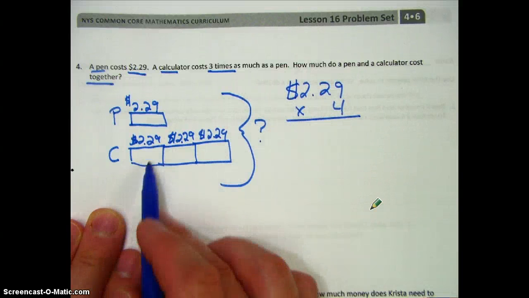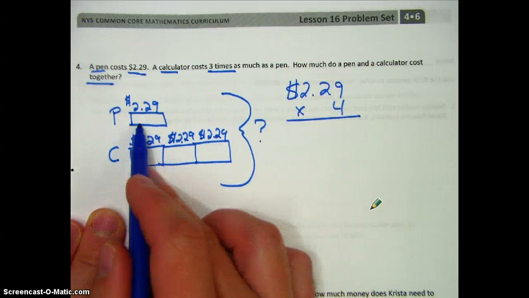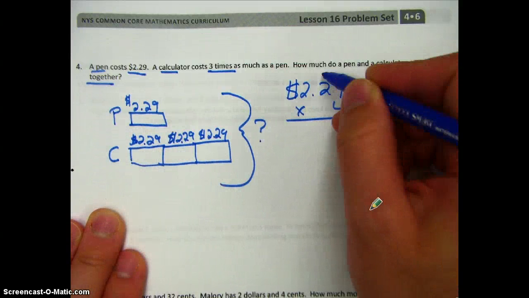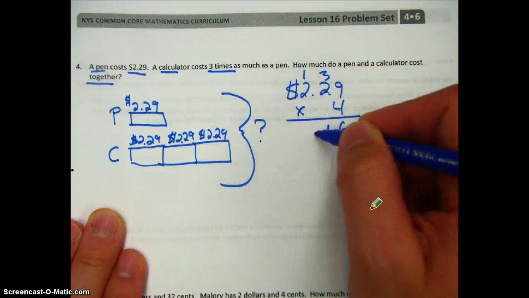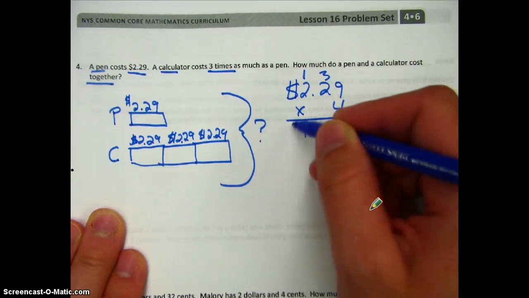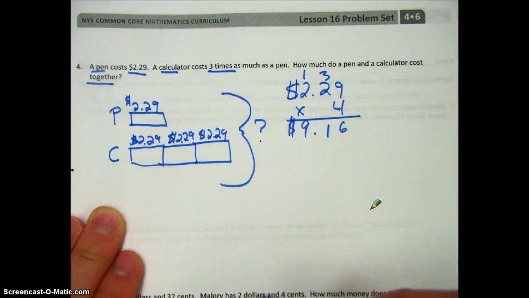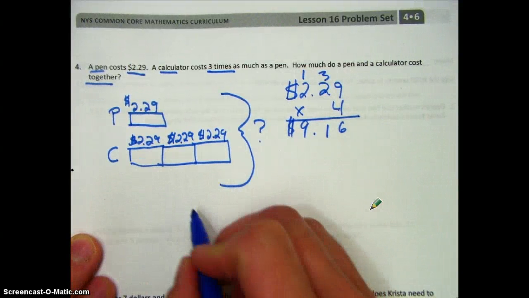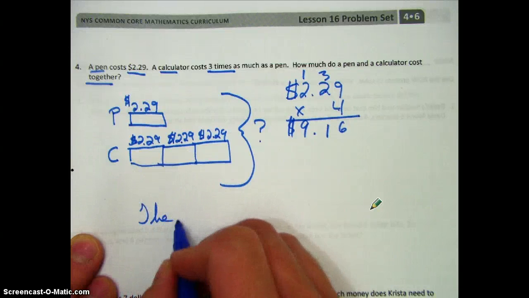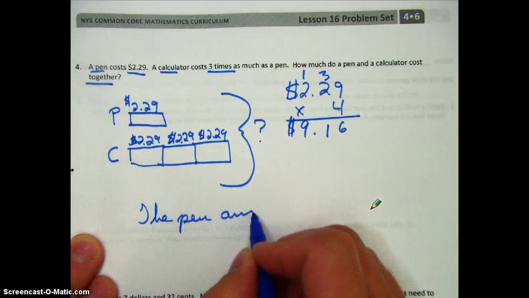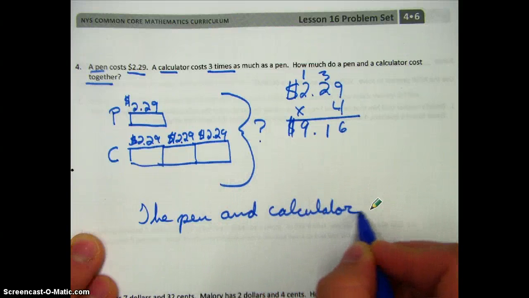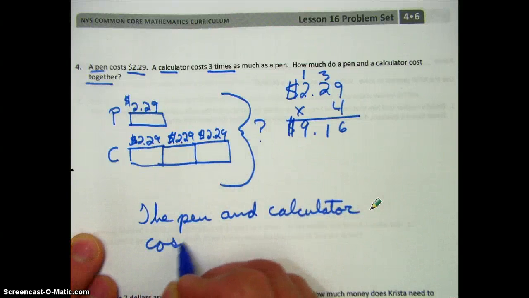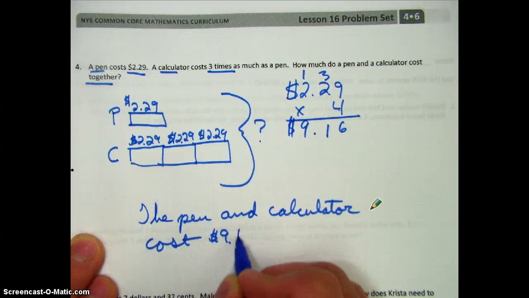Okay, so we have 3 sections here from the calculator plus the 1 from the pen. And we get $9.16. Okay, so the pen and calculator cost $9.16.